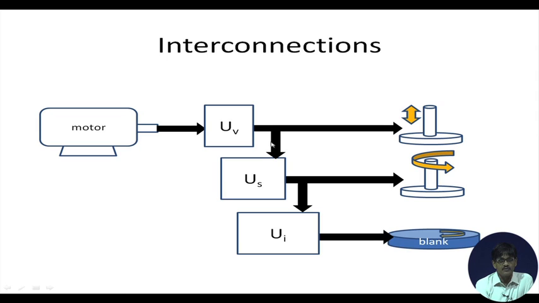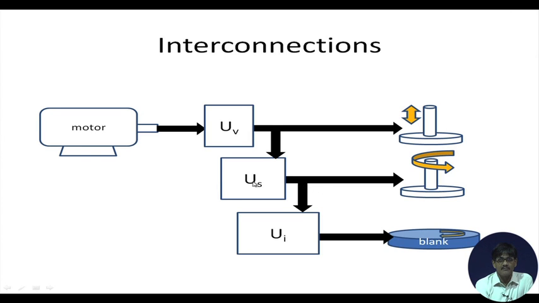If the output RPM is getting doubled, it passes through US, whatever change that brings in, then the change in rotation, that means the factor getting multiplied due to the change in rotation, that factor will be multiplying the rotation RPM of the cutter, and the same factor will be multiplying the RPM of the blank, and their RPM ratio will remain the same.